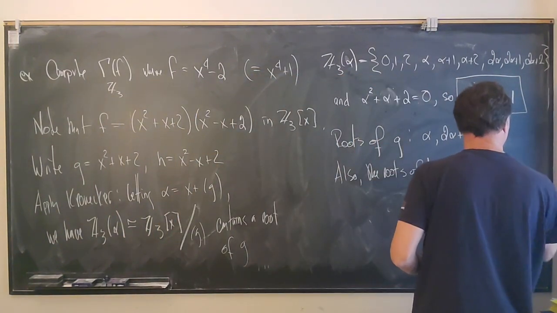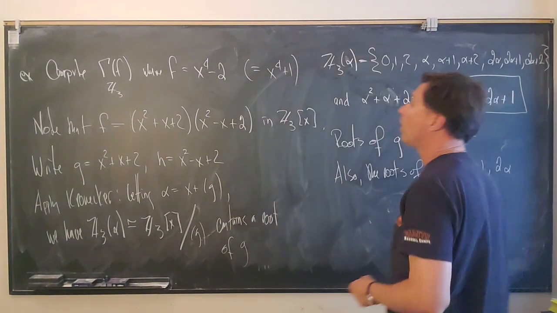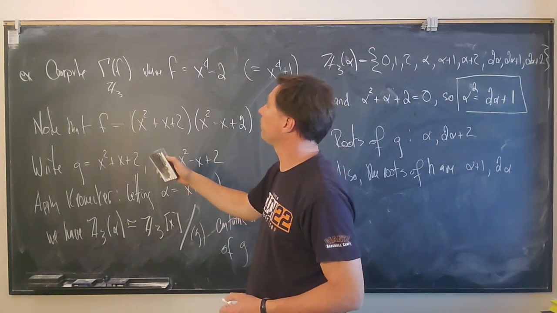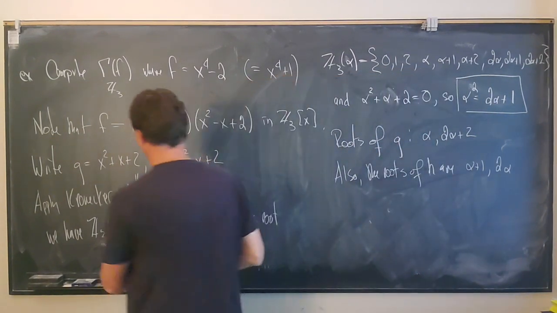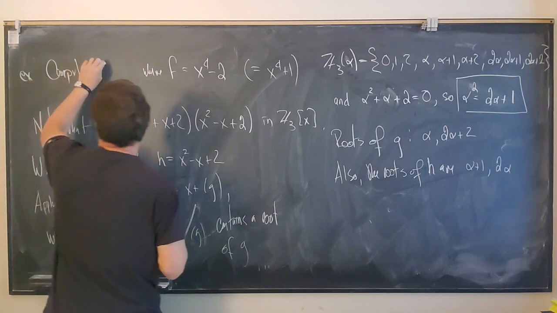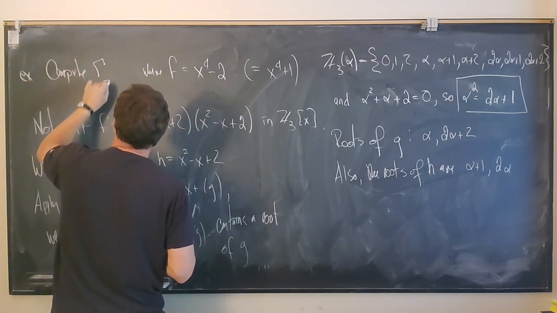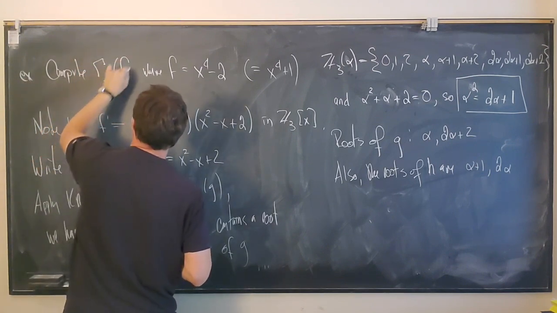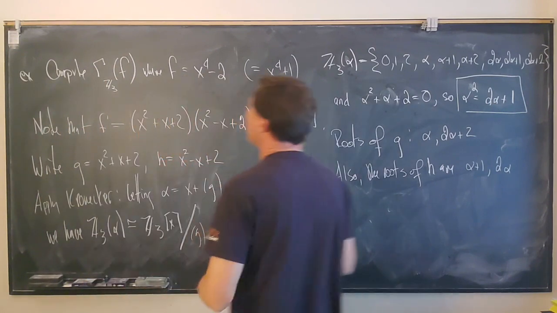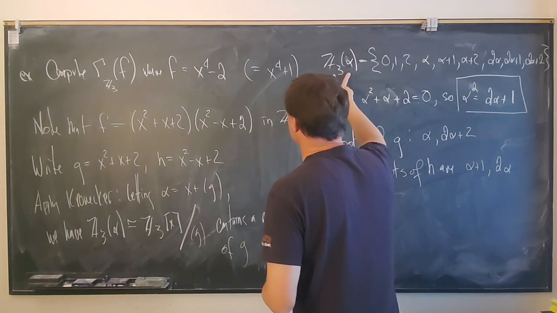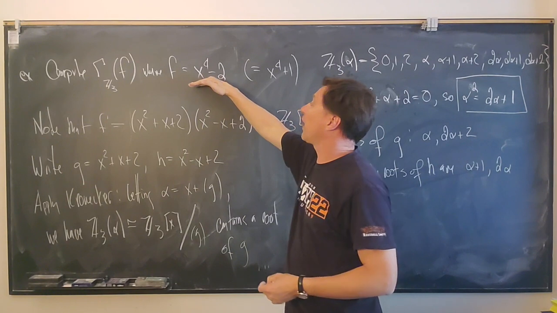We have the splitting field for, I hate this, just looks so ugly. I gotta fix this. Gamma sub Z3 of F. Okay, so Z3 adjoint alpha is the splitting field for x to the 4th minus 2.